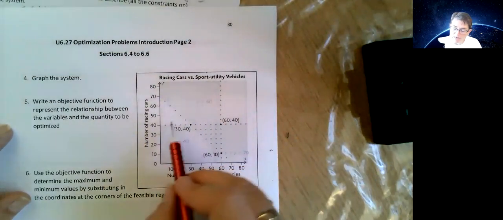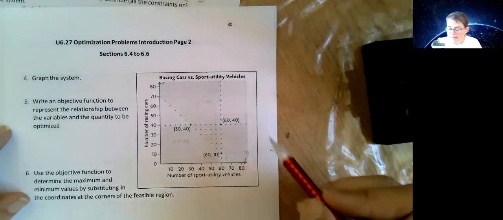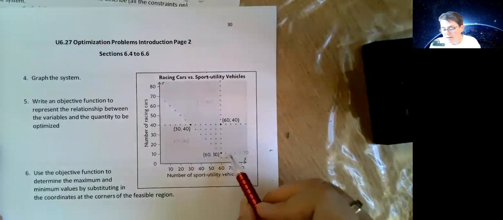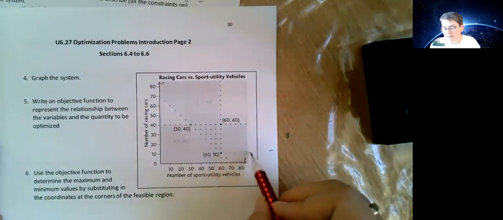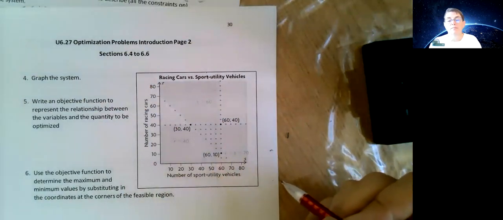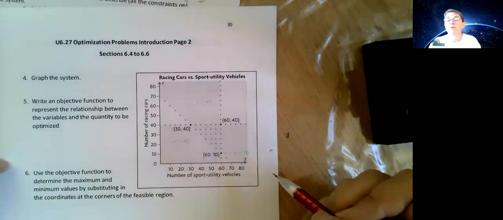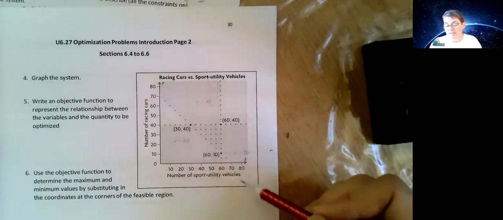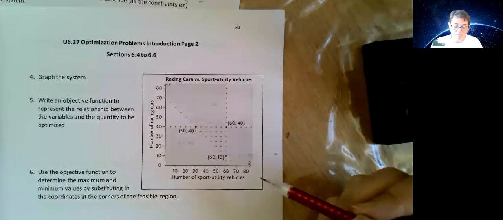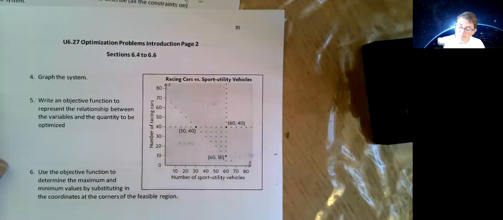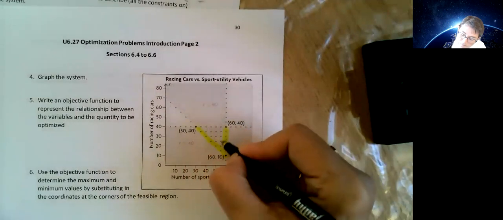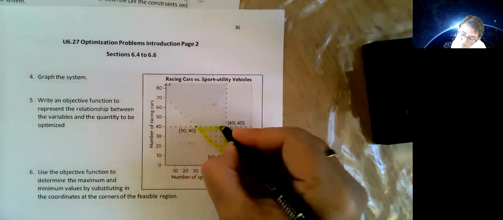So that's this way. And then the angled line, going this way, is R plus S is greater than or equal to 70, which are the ones we had. Unlike most of the time where I switch to X and Y, I knew this graph had R's and S's, so I just left it the way it is. So we graph our system, and our feasible region here is this one.